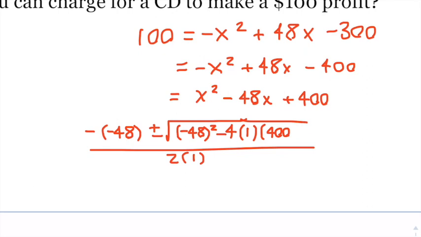Okay. And then I've got to get my calculator going here, so bear with me. Negative 48 obviously is positive 48. And then 48 squared comes out to 2,304. And then, did I miss something here? No, I didn't.